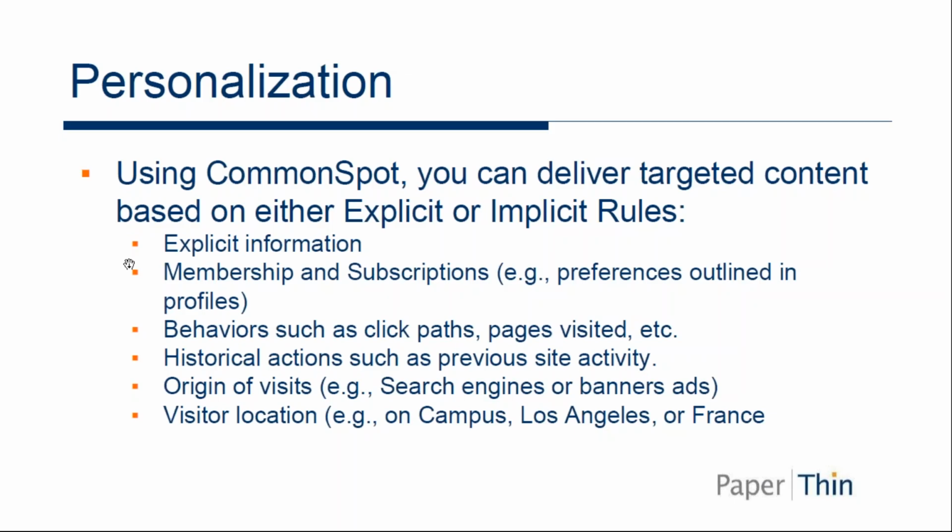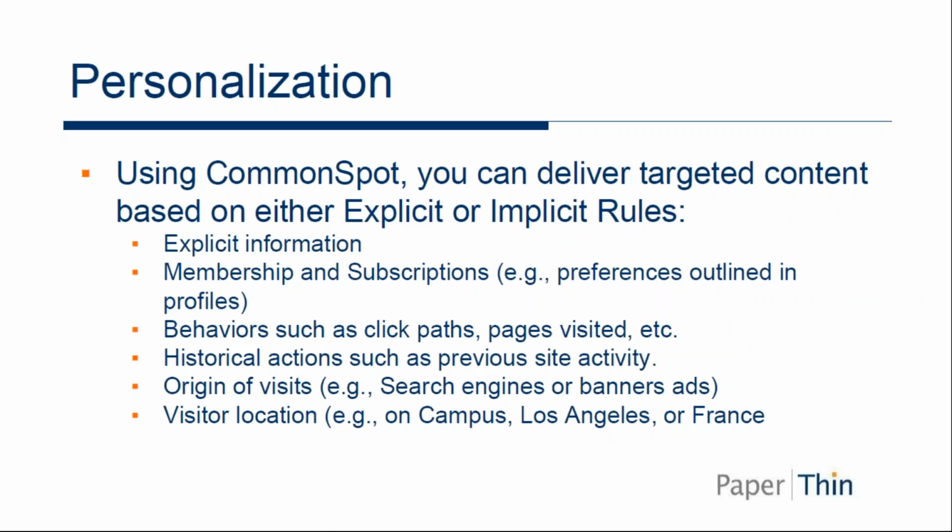You can do personalization based on those types of things that you know about the person. If there's some kind of behavior, things that they click on, pages that they visit, things that they search on, etc., you can personalize based on that. Or historical action. So if a cookie's been set and the person comes back 3 days later and visits the site, based on the fact that there are cookies there and the historical information about this person, you can do personalization based on that as well.